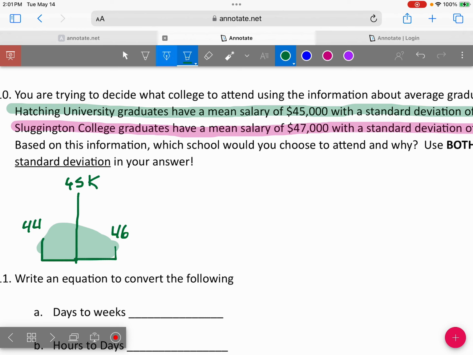That's not too shabby. Sluggington, if I did the same thing, our mean is 47, so it's a little bit higher of an average. Their standard deviation is 6,000, so to catch most people, we have to go out 6,000 down to 41, or up 6,000 to 53. So it has a much wider range.